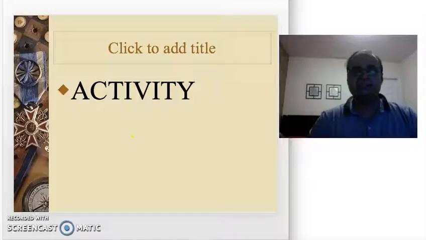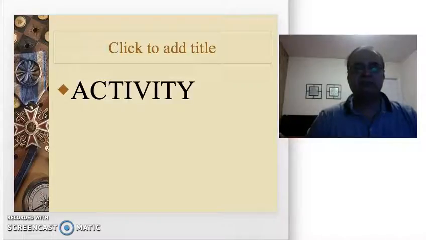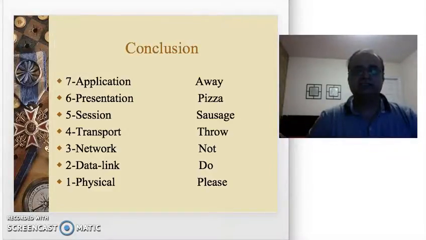The next one, I have tried to basically make it simple because for some people it's difficult to remember this sequence of these layers. So I have tried to make it a little bit easier for non-technical people, or even for technical people, to remember these layers' sequence.